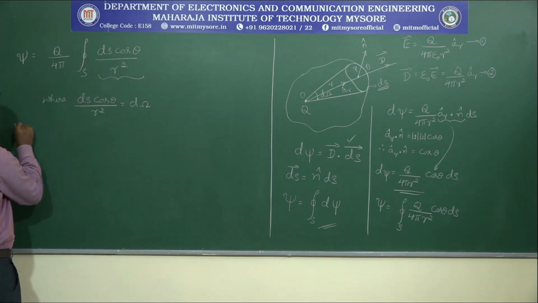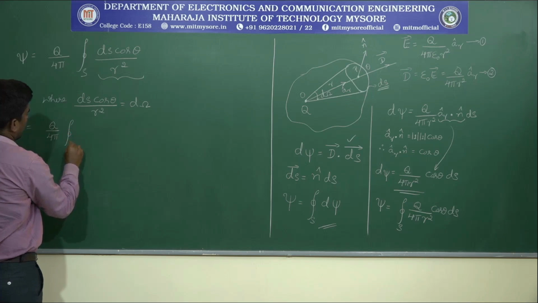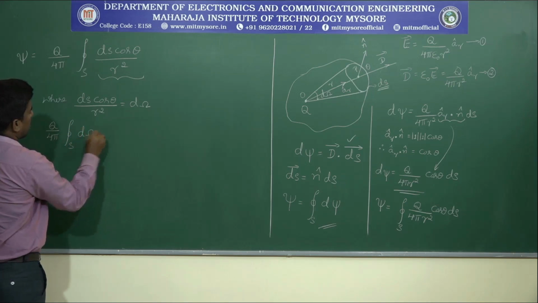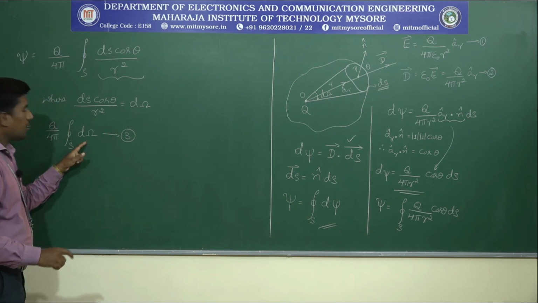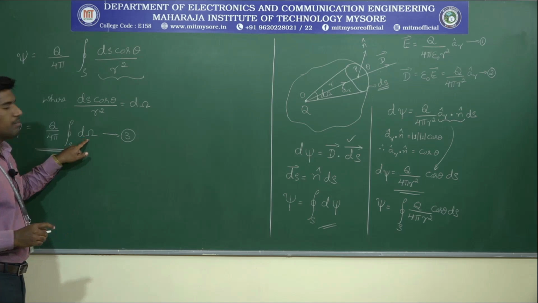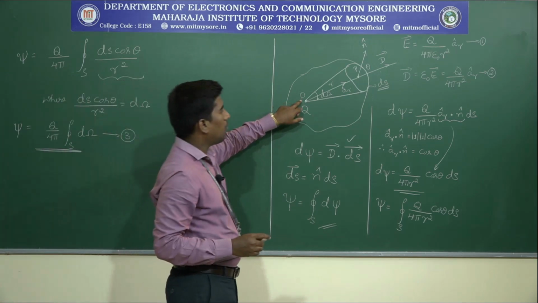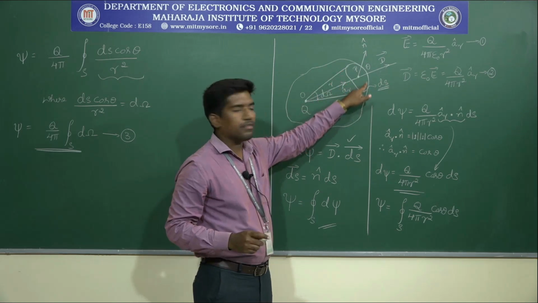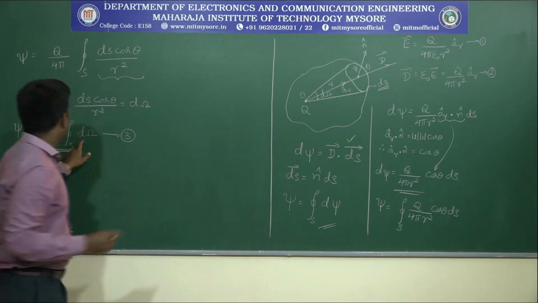Therefore, equation for psi becomes q divided by 4 pi surface integral of d omega. So name this as equation 3. Okay, this is equivalent to this form, where d omega is the solid angle formed at point O due to the elementary surface area ds. Got it? So this is what we have got.